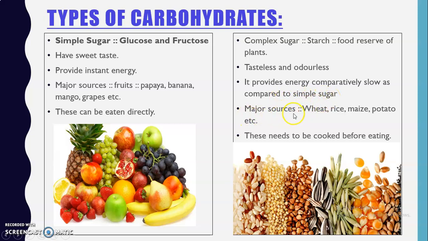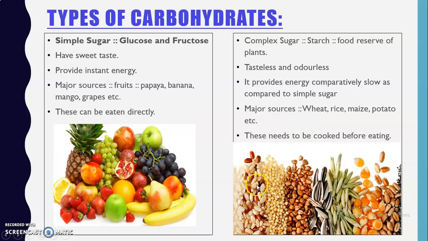The major sources of complex sugar are wheat, rice, maize, potato, etc. You can see that wheat, rice, maize and potato need to be cooked before eating. So we need to cook these grains before we can eat them.